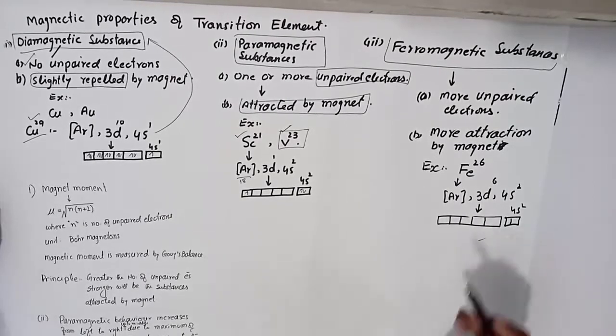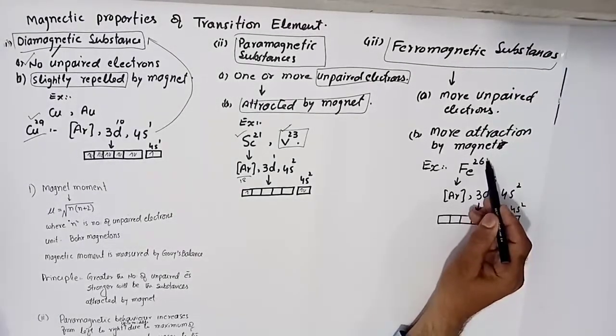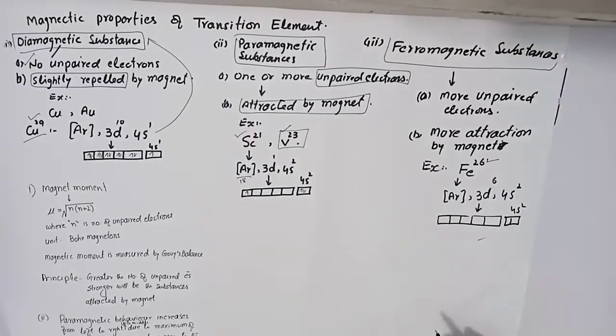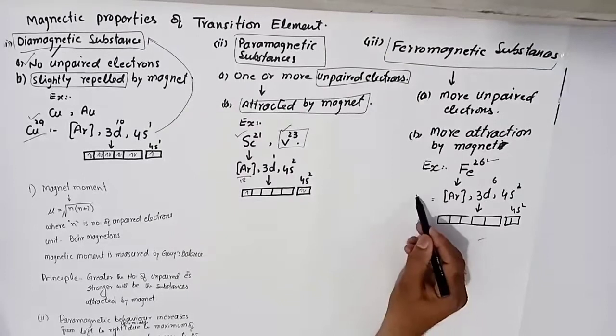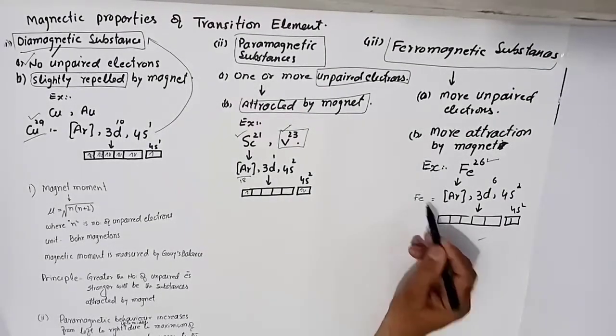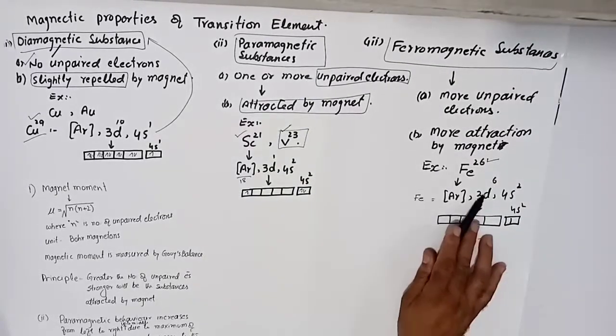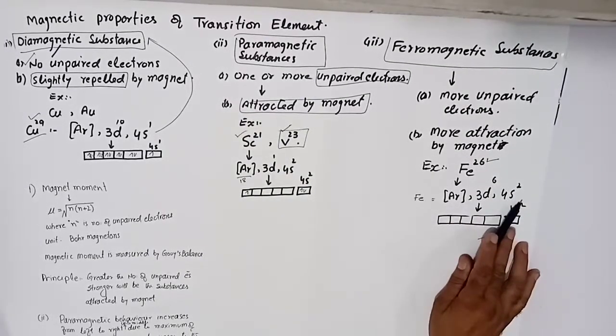Okay. Now iron has 26 electrons. So the electronic configuration of iron is argon 18, 3d6 and 4s2.